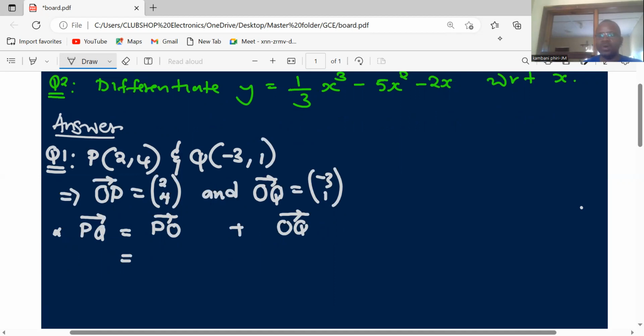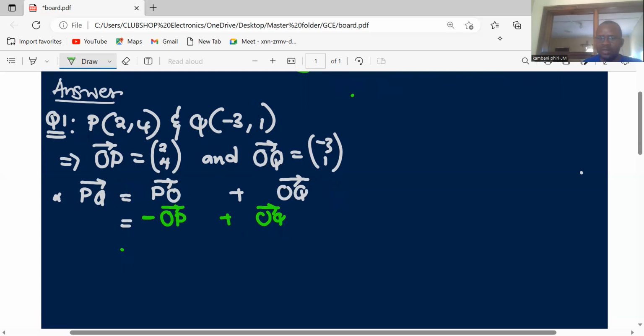PO is opposite to OP, so we can simply say this is the negative of OP plus OQ. Now this will be minus, what is our OP? 2, 4 plus, what is our OQ? It is -3, 1.